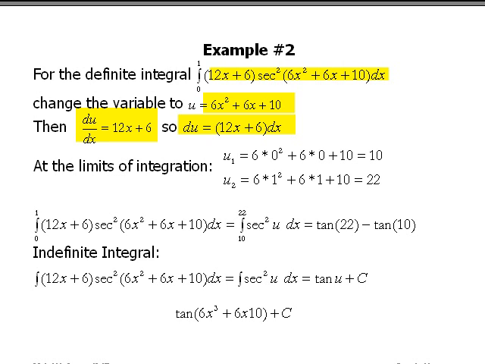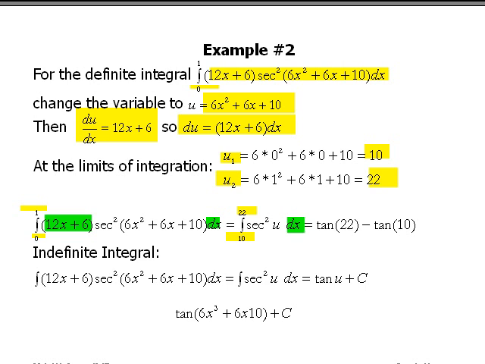I change the limits of integration. Okay, for u, I have to substitute the 0 in, and I find that the lower limit of integration is 10, the upper limit of integration is 22. With these changes, here's what I get. The 0 becomes 10. The 1 becomes 22. These terms, 12x plus 6 times dx, all get replaced by du.